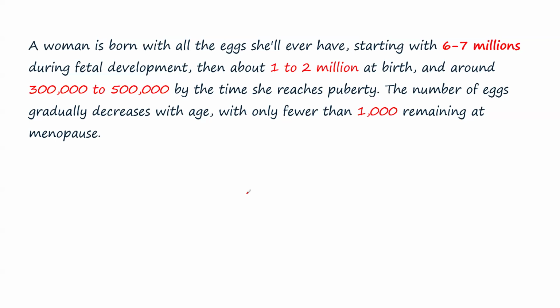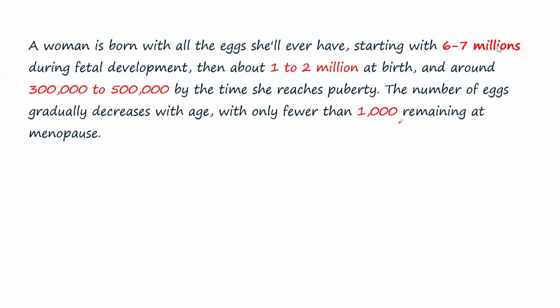So you see, a woman is born with all the eggs she shall ever have, starting with 6 to 7 million during fetal development, then about 1 to 2 million at birth. So usually a baby girl comes with about 1 to 2 million eggs at birth.